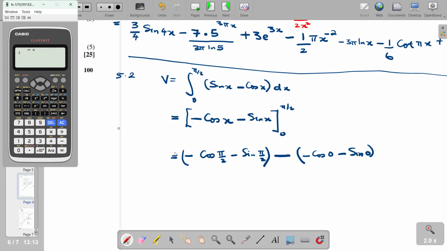So I'm going to write it the way I wrote it: open bracket, then minus cos pi over 2, close, minus sine pi over 2.